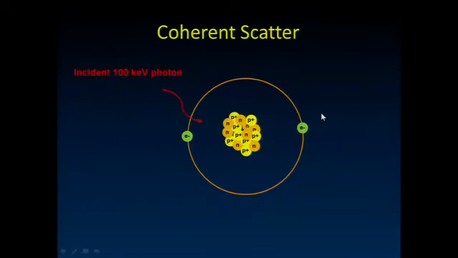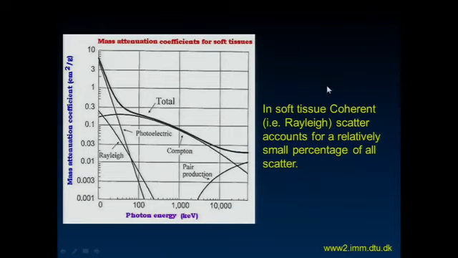We're lucky because coherent scatter really is a minority of the interactions that occur at diagnostic energies, much more at mammography keV energies, but very little up at the diagnostic energies for, let's say, abdominal plain film, CT, those kinds of things. So we're going to ignore it for our purposes.